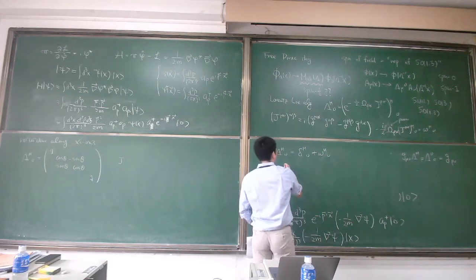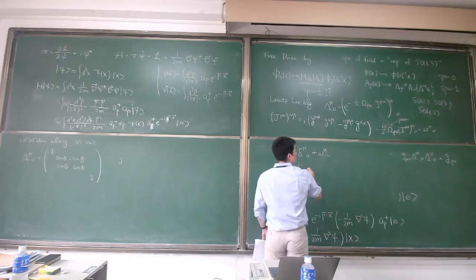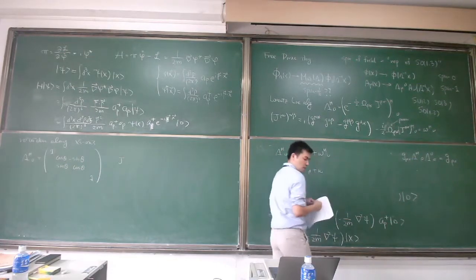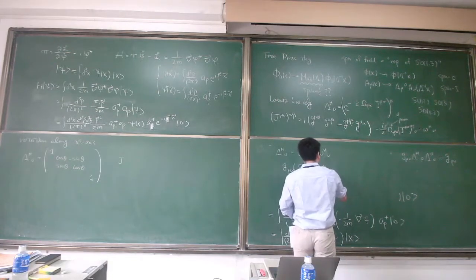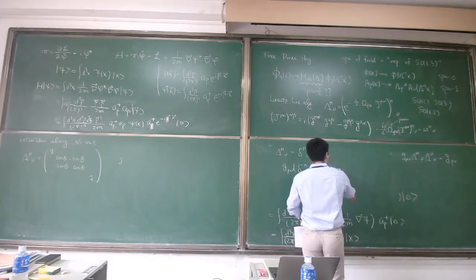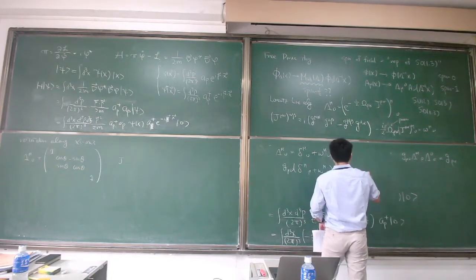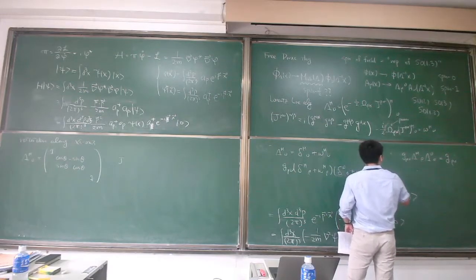So for the G mu nu, delta mu rho plus omega mu rho, delta mu sigma plus omega mu sigma should be G rho sigma.